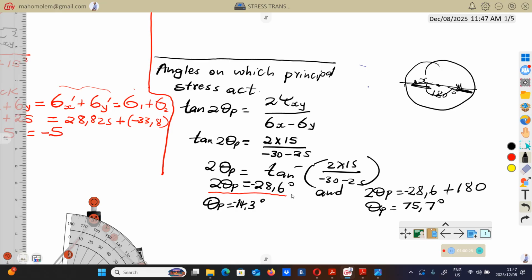So someone can simply, we know that on the element, I think I will need more space, but let me just throw it here. On the element, we know that this plane and this plane, they are separated by what? By 90.